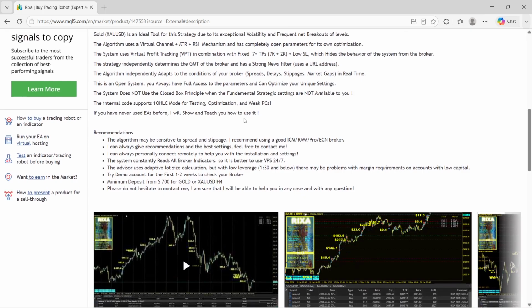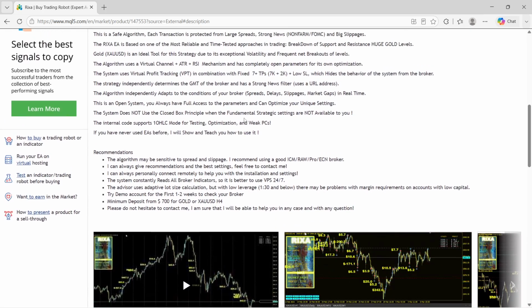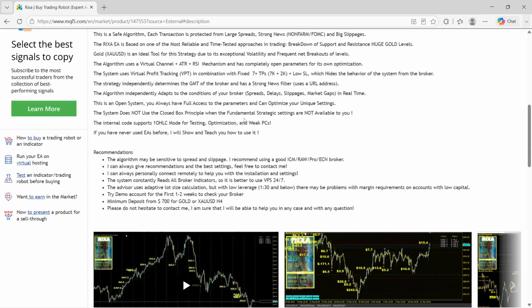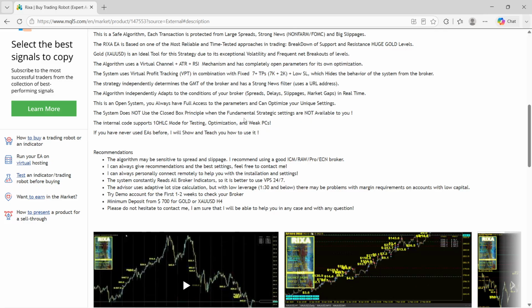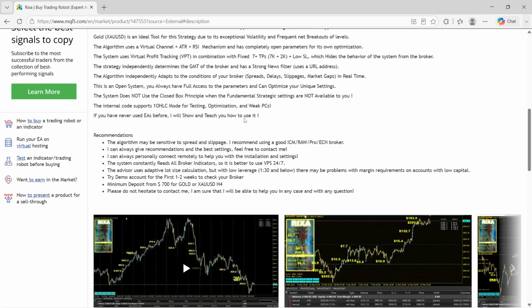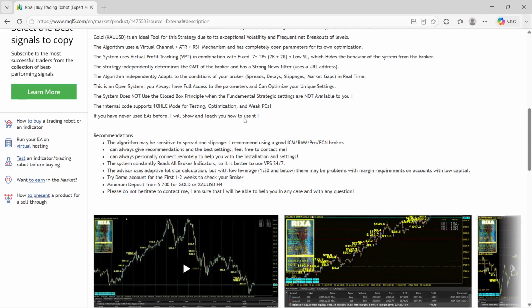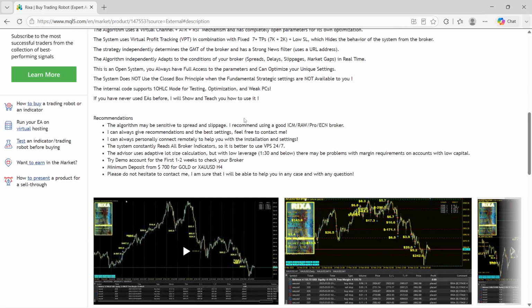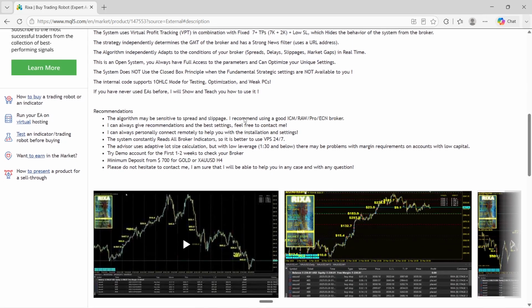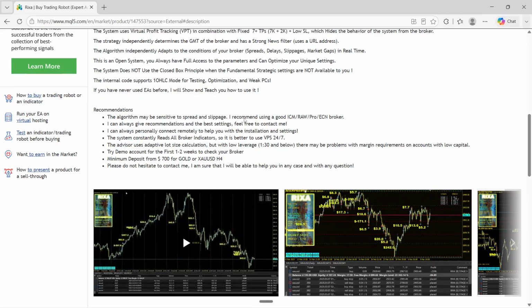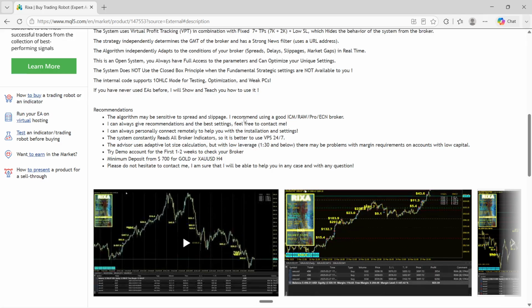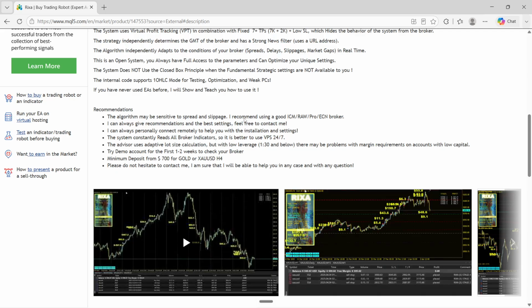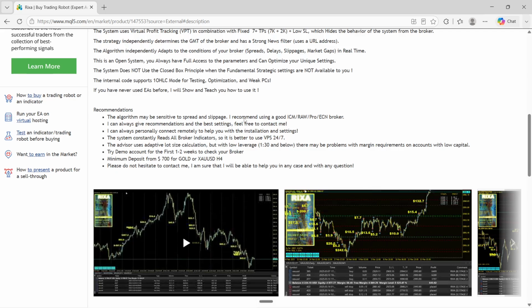As for the features marketed by the developer, the key features include the multi-time frame level breakouts approach, fixed multi-TP structure with virtual tracking, ATR and RSI filters, news and time filters, open parameters for user optimization, adaptive lot sizing, and support for 10 HLC or 1 OHLC testing mode.